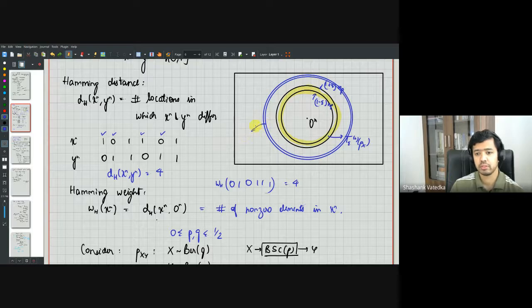T epsilon n of py is going to look something like this: some thin shell between (1 plus epsilon) n p star q and (1 minus epsilon) n p star q.